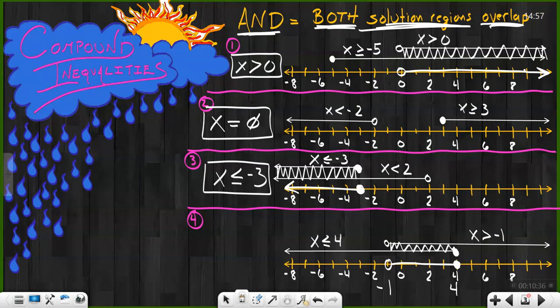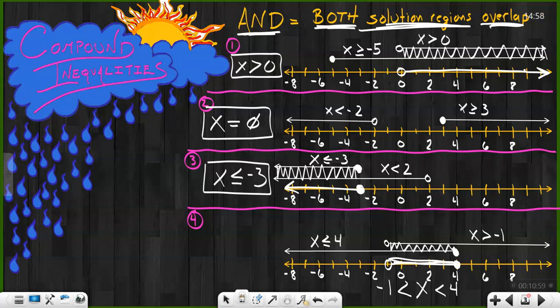Then, since the shading is a line in between that connects our two reference points, that means that x will be in between them. And we always use our less than symbols when writing this compound inequality, because negative 1 is less than 4. So we have to write this with regards to negative 1 and 4. So we use our less than symbols.